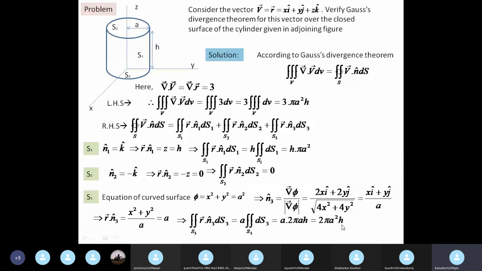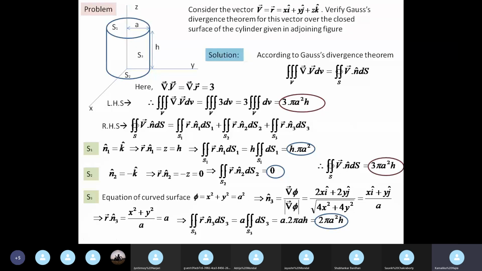So this is 2 pi a square h. To take the sum of the three surface integrals S1, S2 and S3, you get pi a square h, 0, and 2 pi a square h. So the total closed surface integral comes out to be 3 pi a square h, and that is equal to the value of the left hand side.